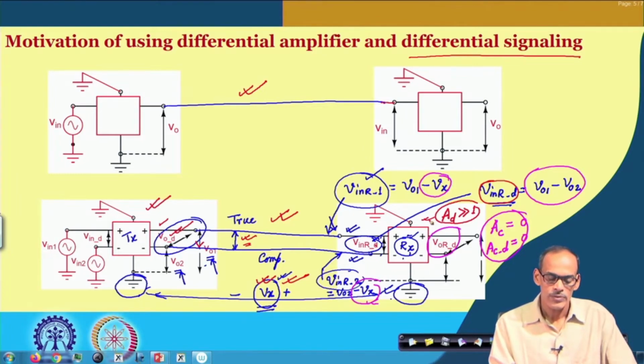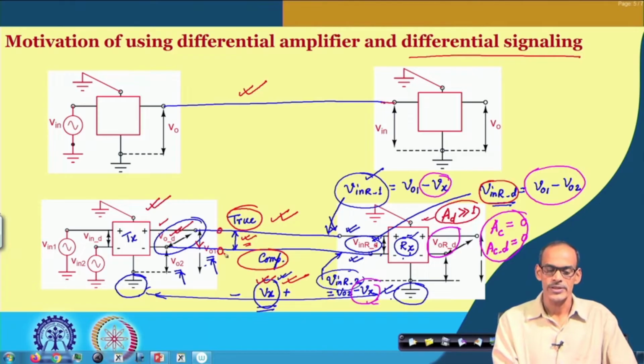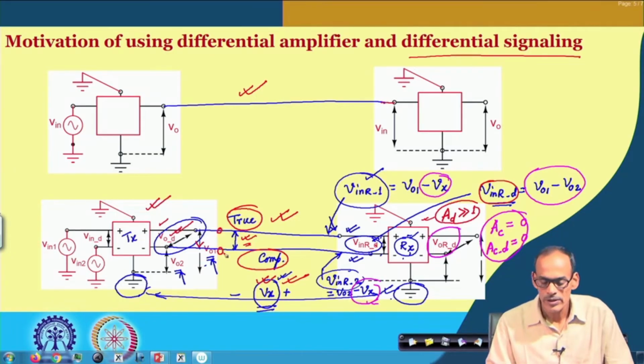Whenever we say differential signal, it has two signal lines, one is the true signal, another one is the complementary signal. So, that gives you the motivation of going for a differential amplifier.